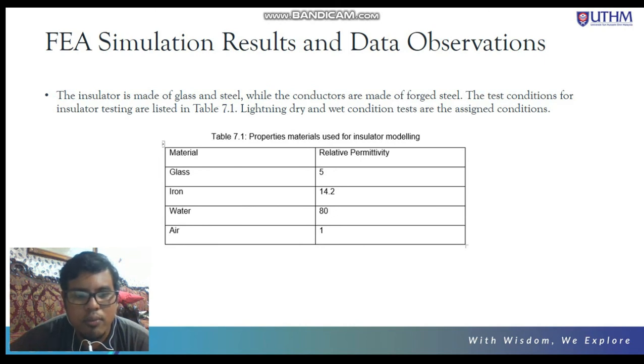Alright, the material for glass has a relative permittivity of 5. For the iron it is 40.2 relative, and water is 18, and air is 1 relative only.